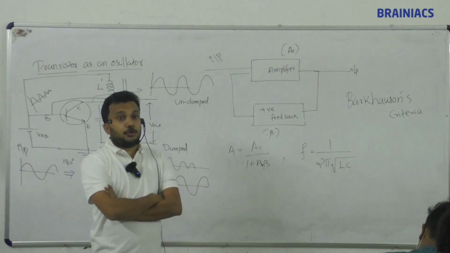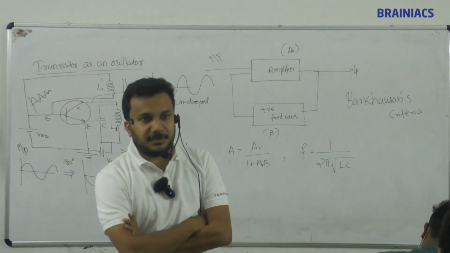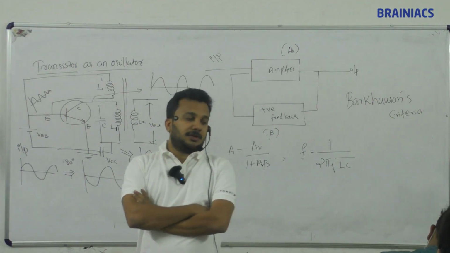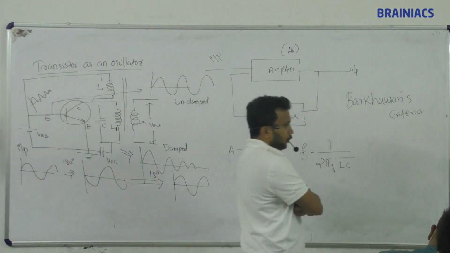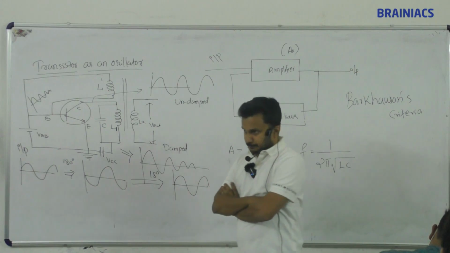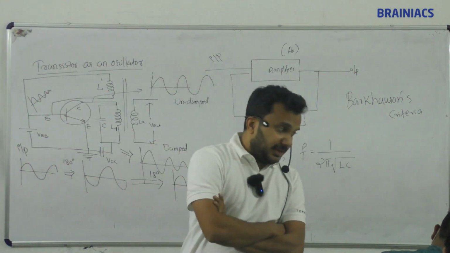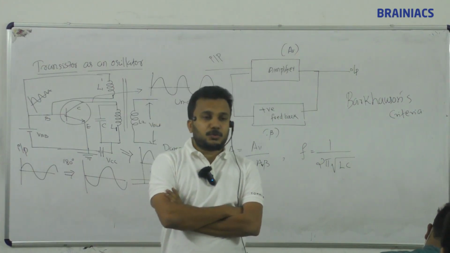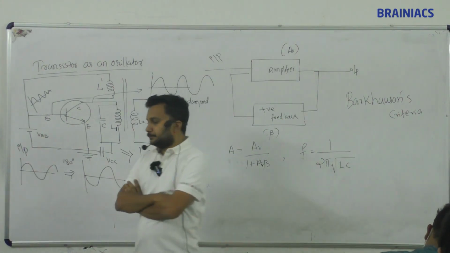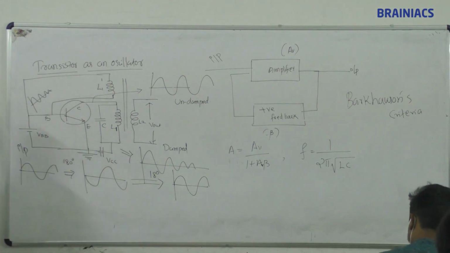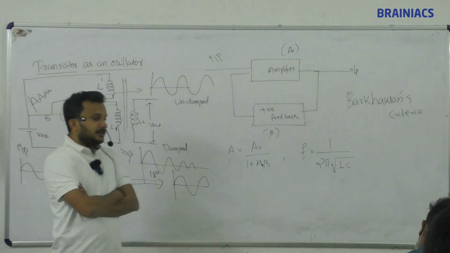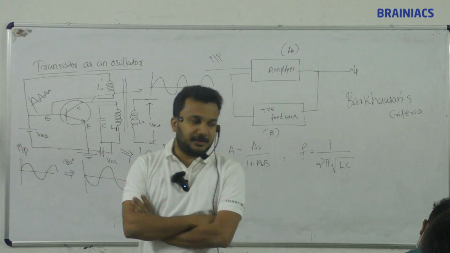Okay, so total phase shift in the circuit is equal to 180 plus 180, which is equal to 360 degrees.